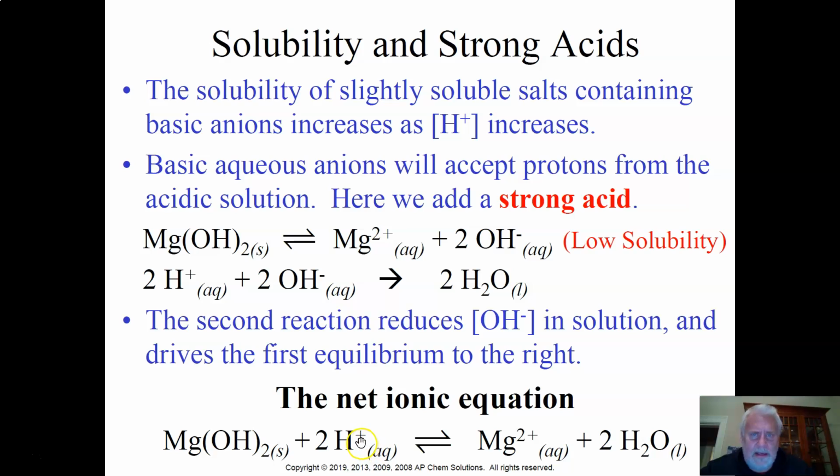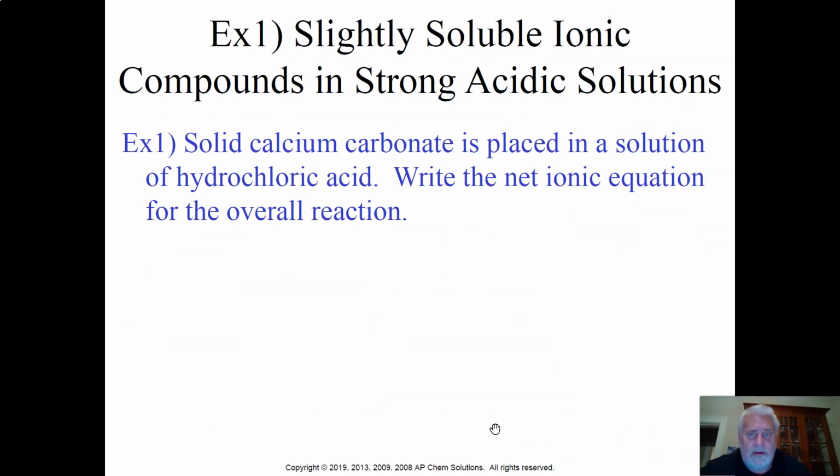So many times adding an acid will sort of move that compound to being more soluble. Certainly when we deal with a lot of different insoluble solids, we just add a little acid to help them dissolve a little bit better.